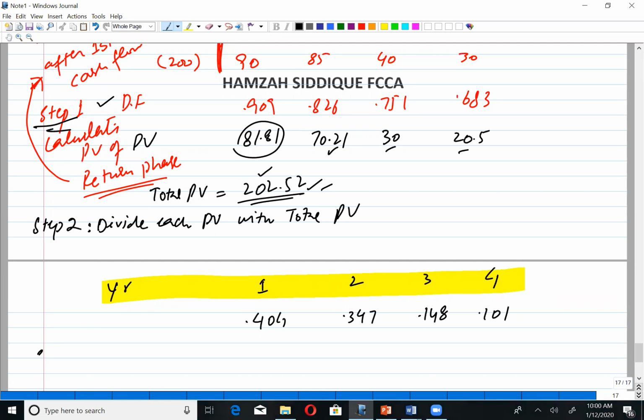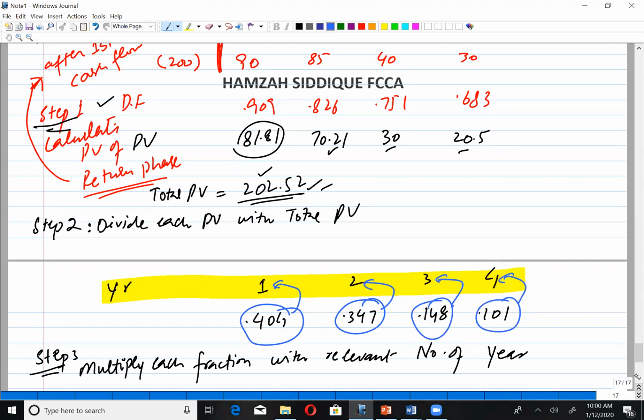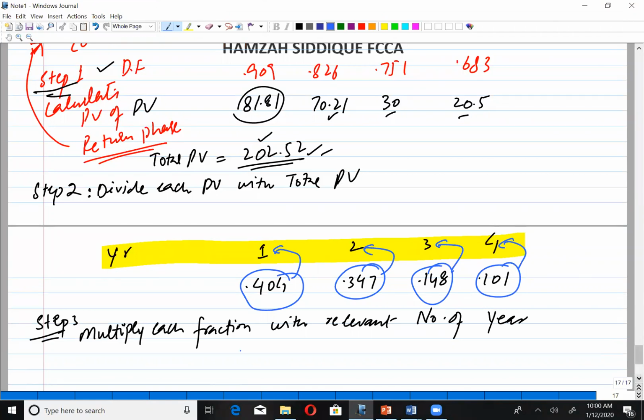Now step 3. Multiply each fraction with the relevant number of year. Now, what does it mean? This multiplied by this, this multiplied by this, and so on. Relevant number of year.